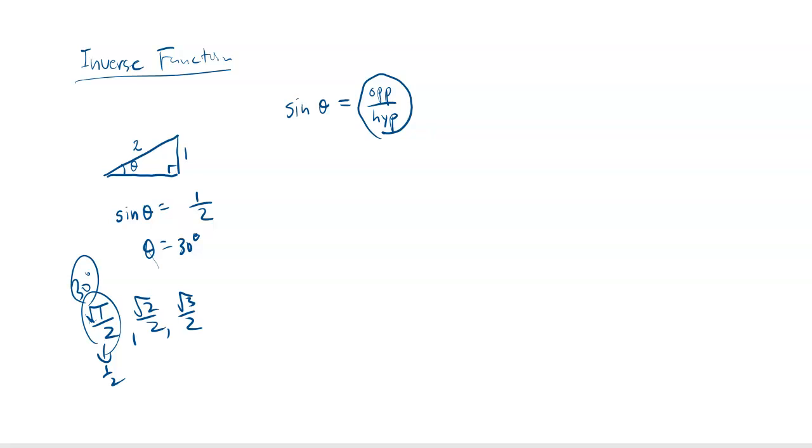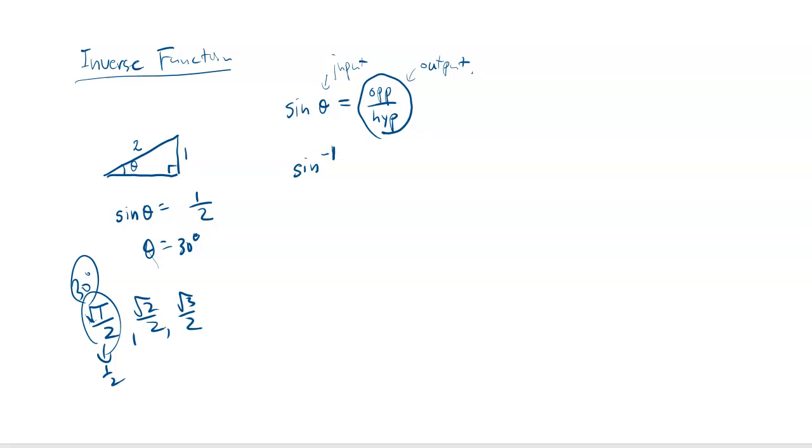Recall that inverse functions switch input and output. So this is your input to the sine function, and this is your output of the sine function. If you switch them, that's what the inverse function does.